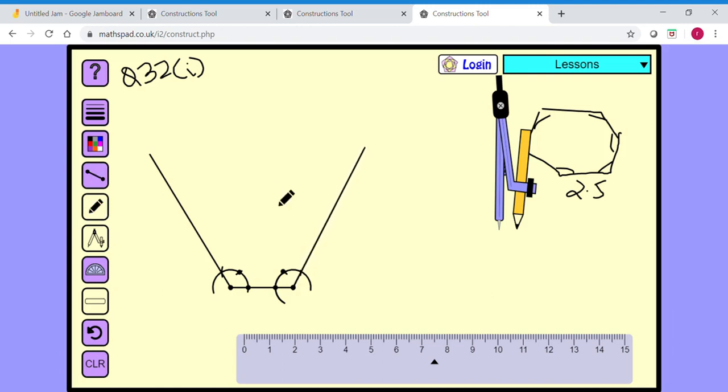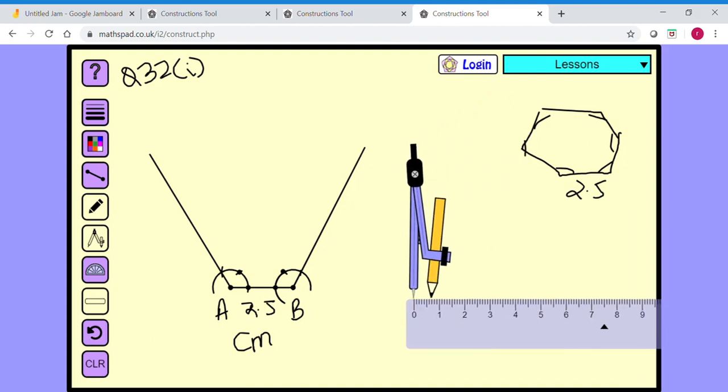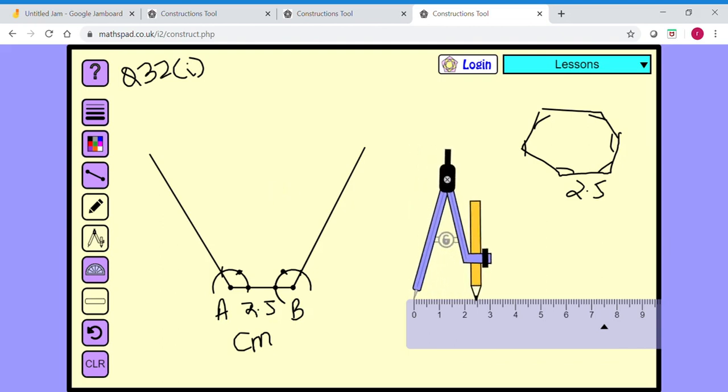So this is point A, this is point B, and this length is 2.5 centimeters. Next, I need to measure AF, which is 2.5. So let me measure 2.5 using a compass.